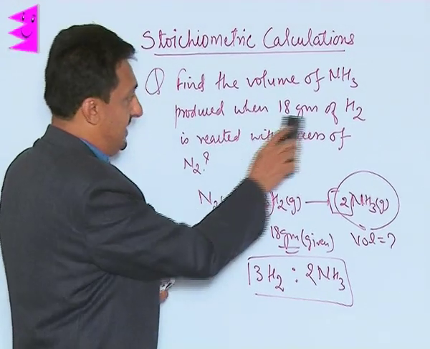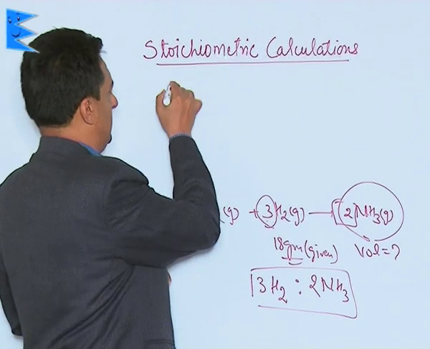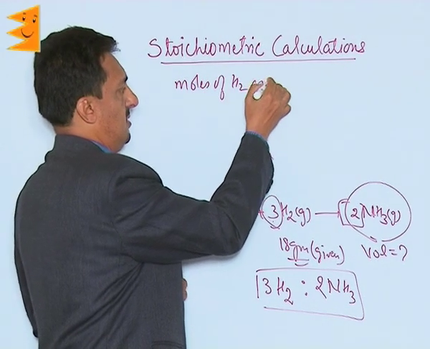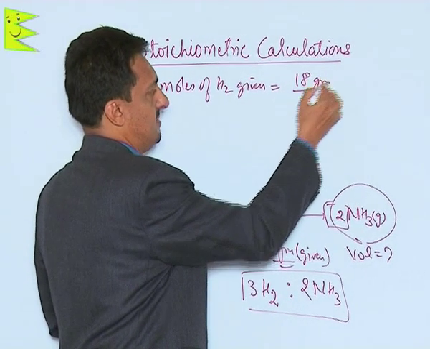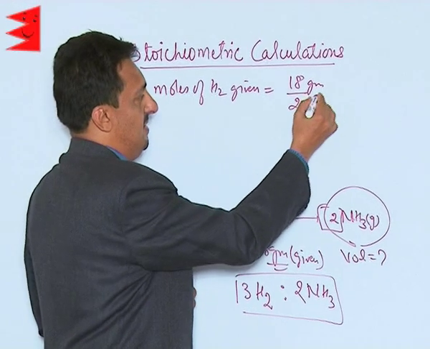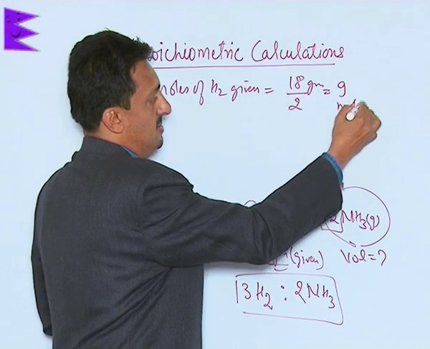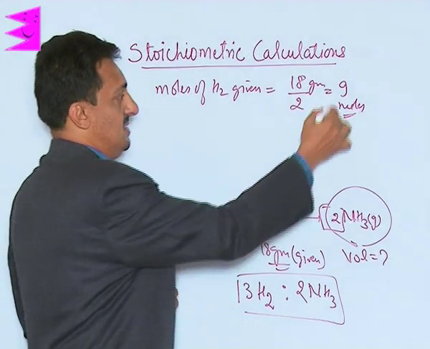Now we are given 18 grams of hydrogen. So moles of hydrogen given are 18 grams upon its gram molecular mass or molar mass, which is 9 moles. So we are given 9 moles. So this is the standard one.